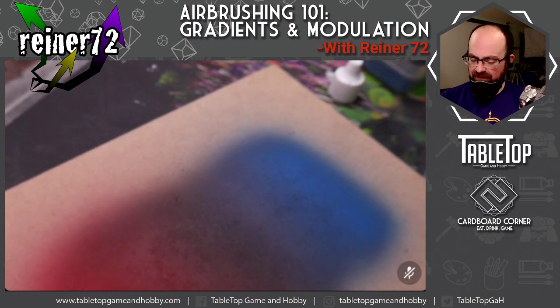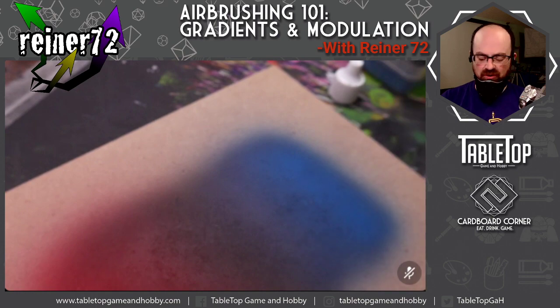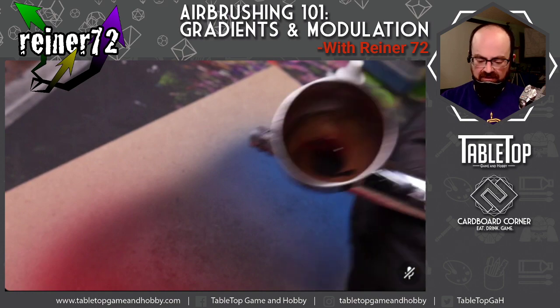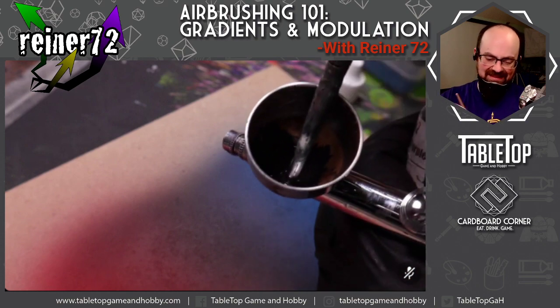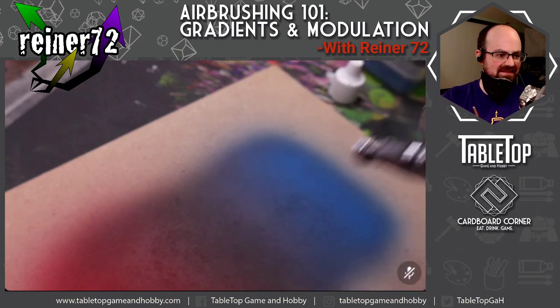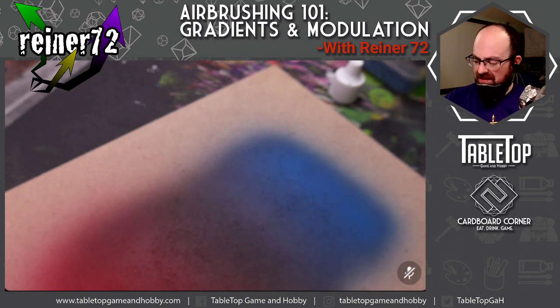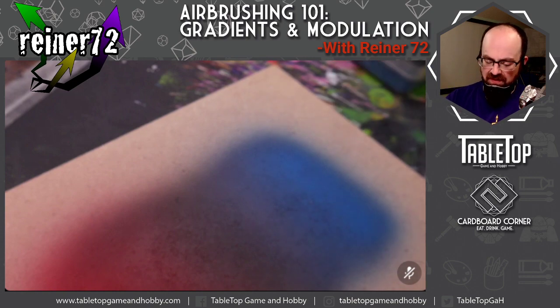But this is a very deep, dark, saturated color. I'll show you here in just a second. That's what it looks like. That's purple, believe it or not. Reaper makes a number of really nice saturated tones.